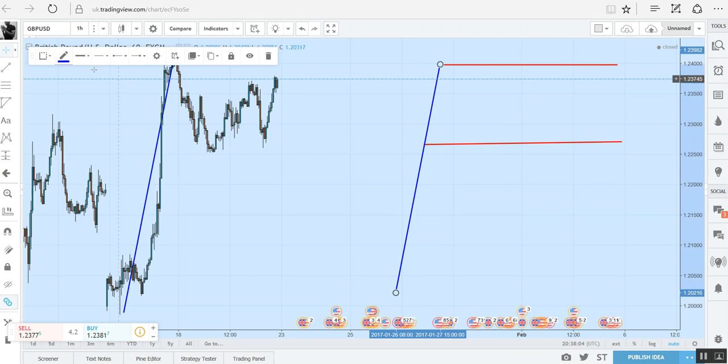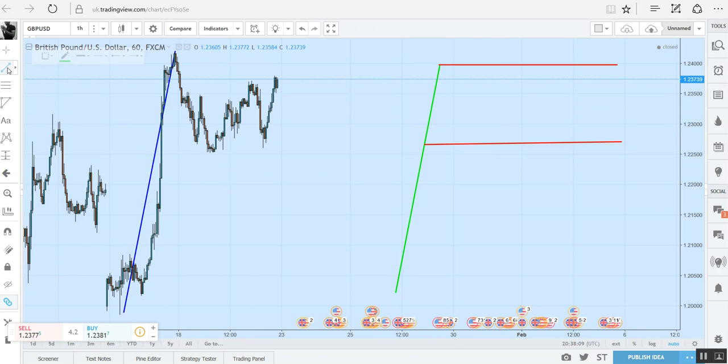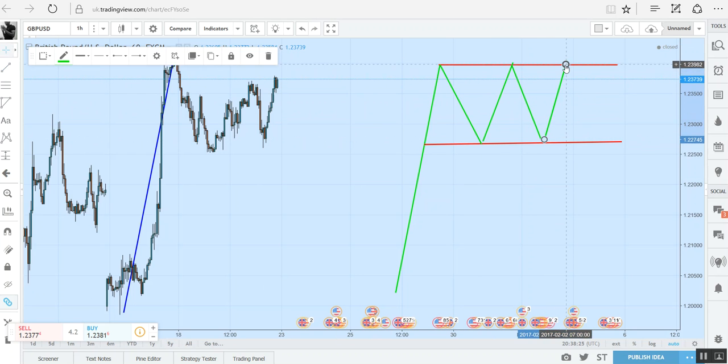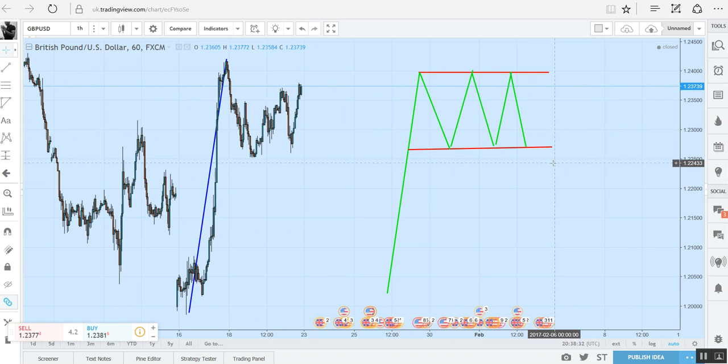So if the market makes a bullish move, I'm going to change that to green. The first type of consolidation that this market is likely to do is called a bullish rectangle. So we're going to see the market come in and do something like this: up, down, up, down, up, down within this channel. If the market does that, there is a high probability that the market is going to eventually break out to the upside.